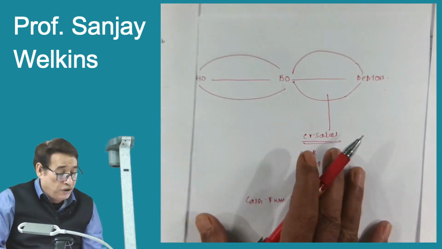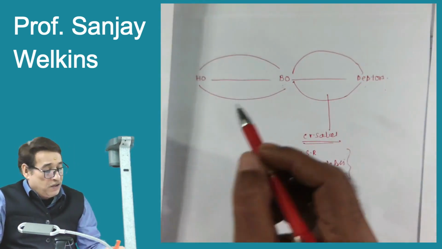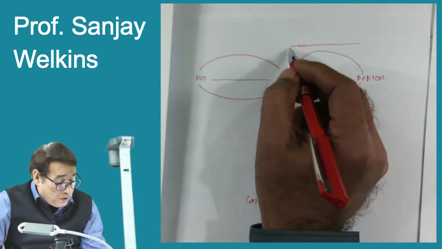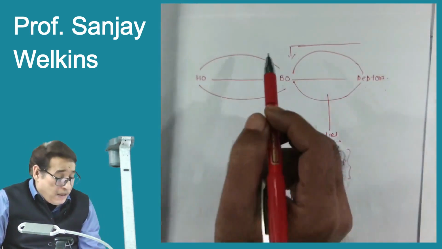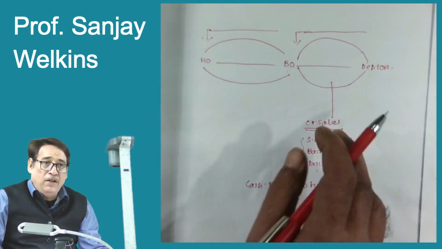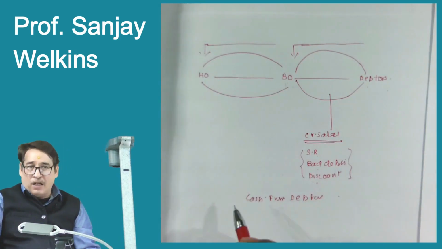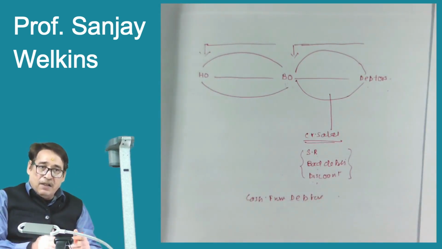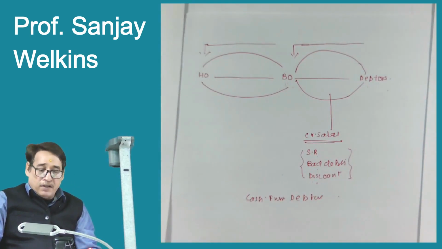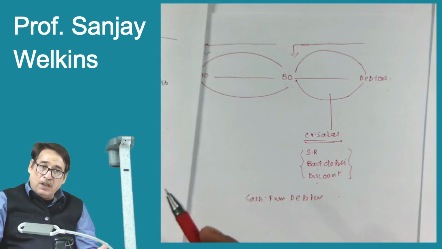So I will give you the reason. The reason is that debtors are giving cash to the branch, no doubt about that, and the branch is remitting this cash to the head office. That means in this transaction all three parties are involved. That is the reason this transaction will come under debtors, and besides that will also be written in the branch account.